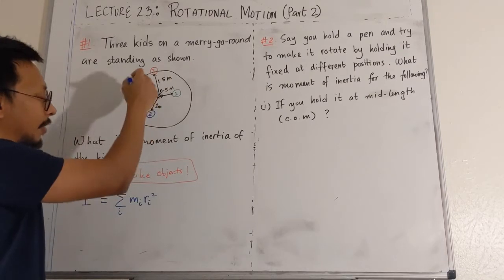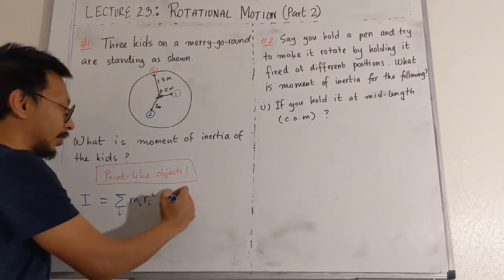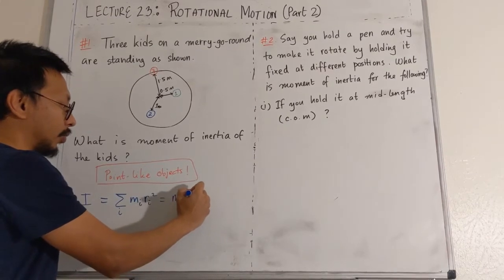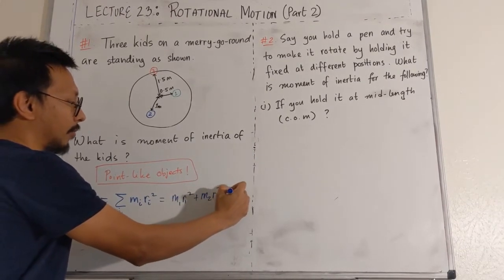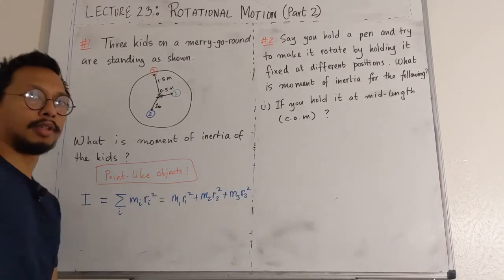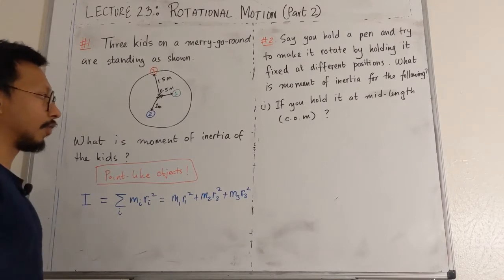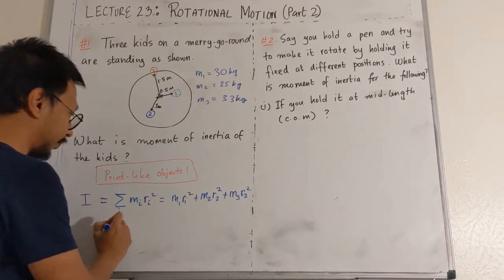In this case, we have 3 masses and 3 distances. So m1 r1 squared plus m2 r2 squared plus m3 r3 squared will be the total moment of inertia for the system. If we have the masses down, then we can just plug them in.